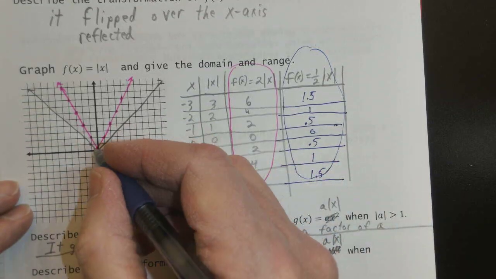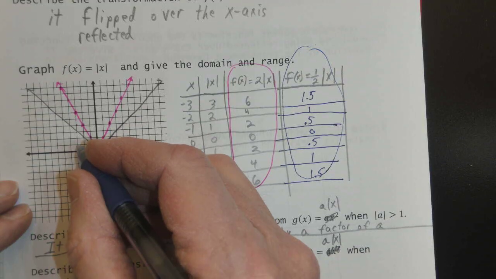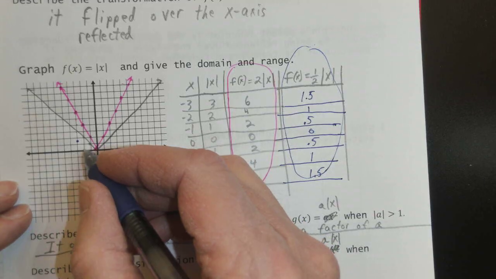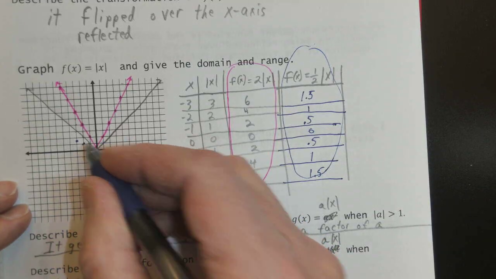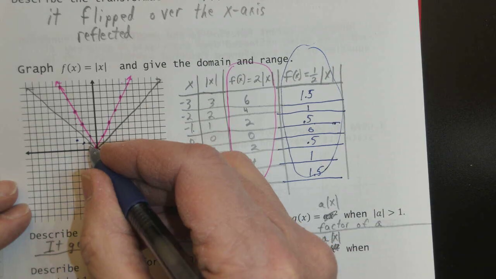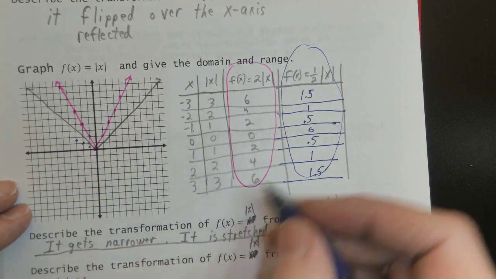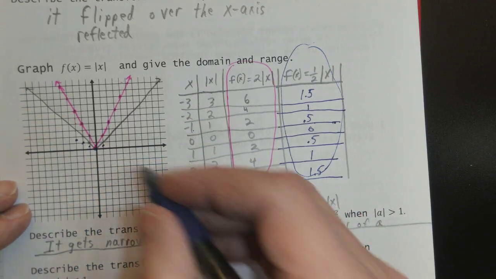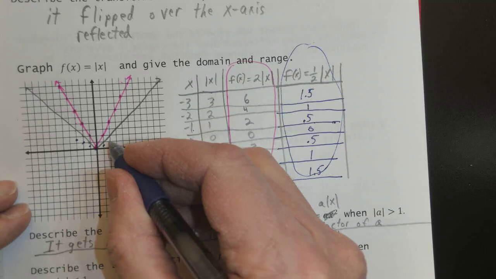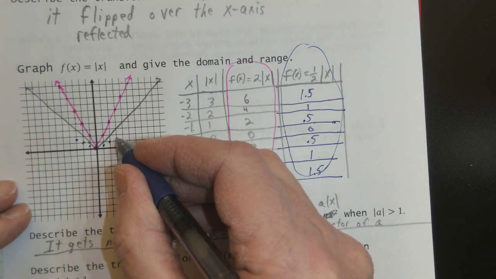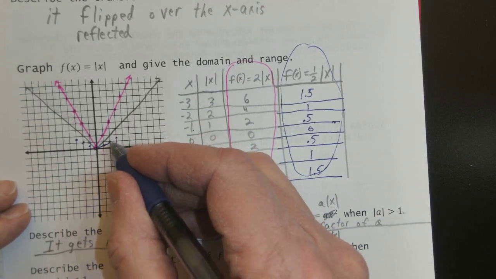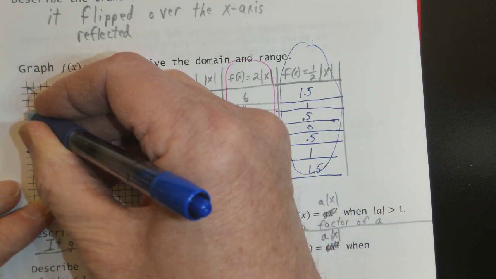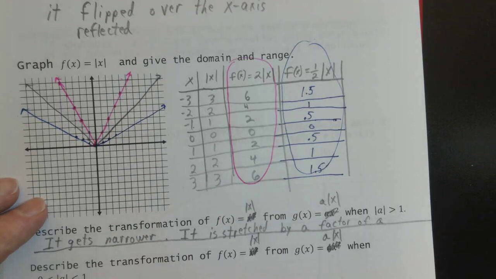So -3, 1.5 is right here. -2, 1. -1, 0.5. 0, 0. 1, 0.5. 2, 1. 3, 1.5. I'm going to just try to keep that going. Now look at that.